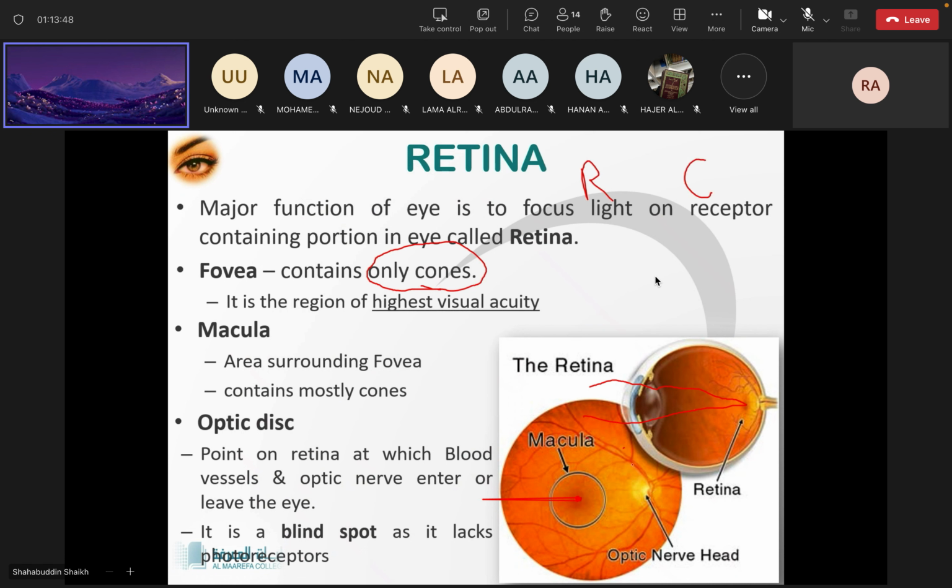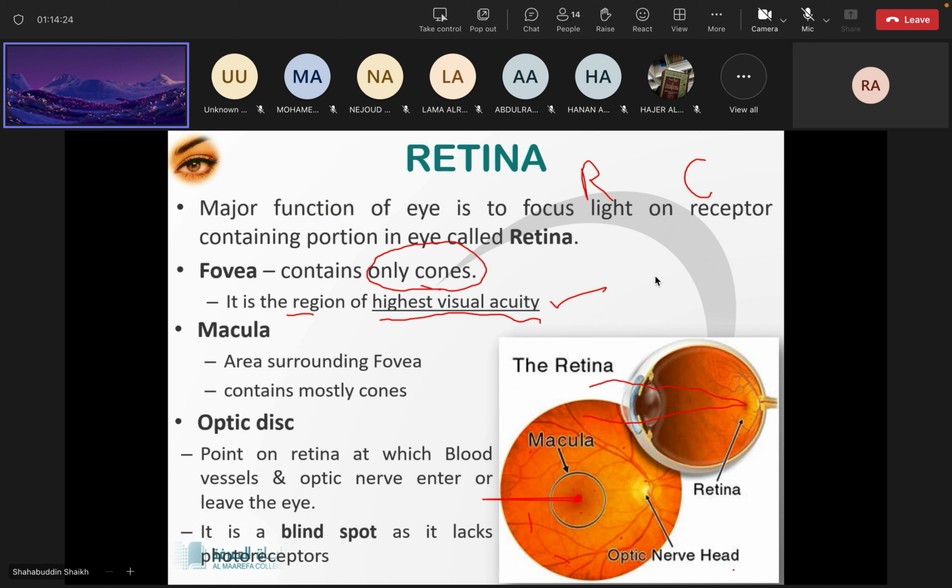And here the sharpness of vision is maximum because there are maximum receptors. Therefore, in this region, we say we have maximum acuteness of vision, sharpness of vision. In proper term, it is highest visual acuity. For your exam, this term will be used. Highest visual acuity is in fovea, macula, optic disc, or something else.